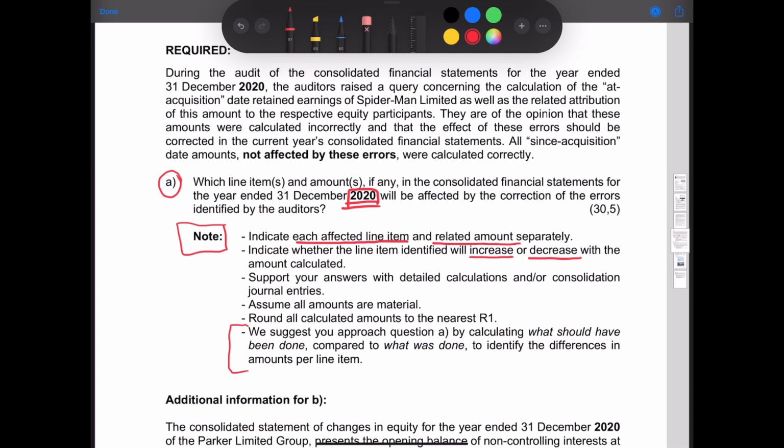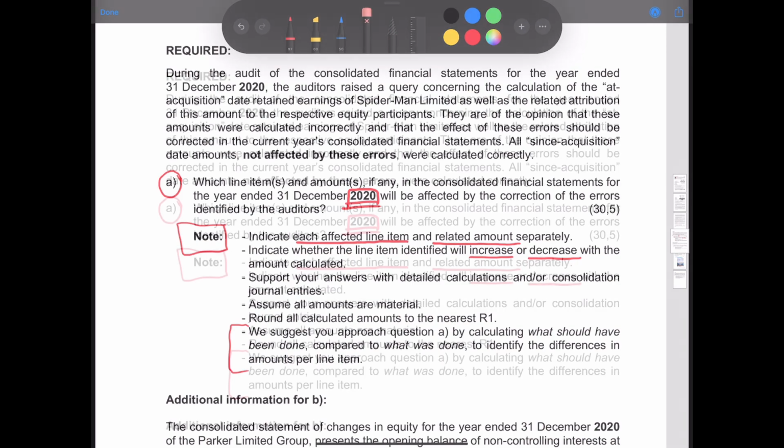And that is the reason why many students did not realize that the errors were made in 2018 in the acquisition year. And therefore, the line items that changed are not your profit line items. It is in fact your retained earnings opening balance, because it asked you for the line items that will be affected in the 2020 financial statements and not 2018.